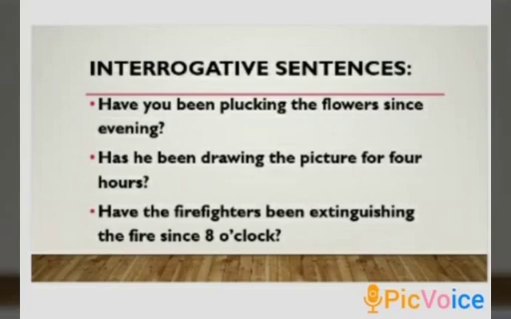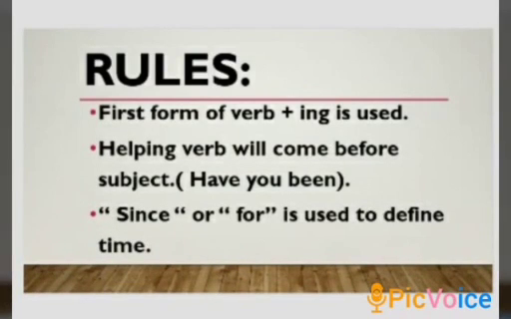So have you been plucking the flowers since evening? So the helping verb will come at the start of the sentence before the subject. First form of verb plus ing is used here, and we have used since and for to define the time.